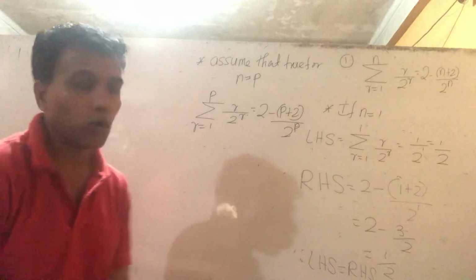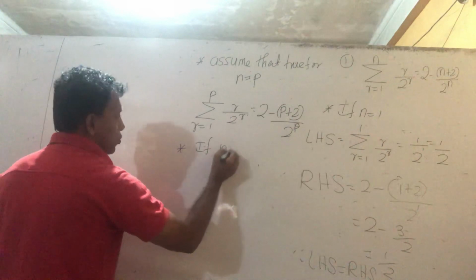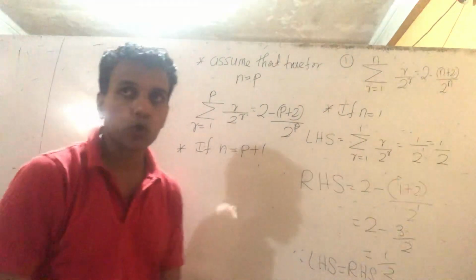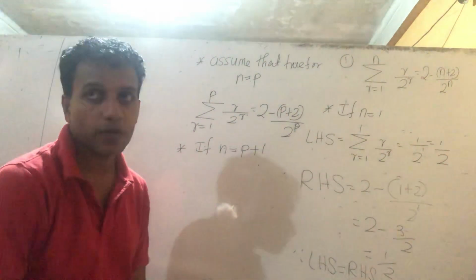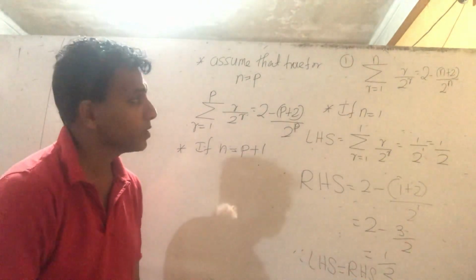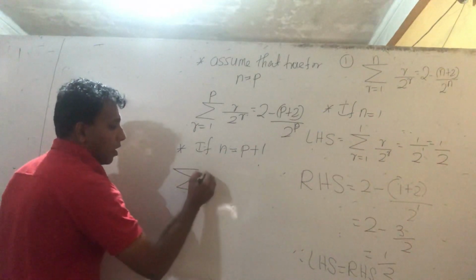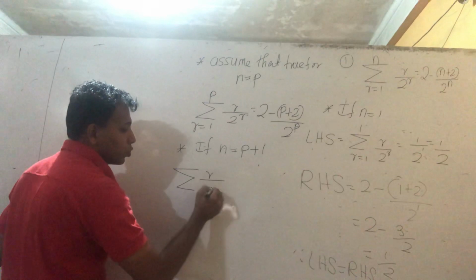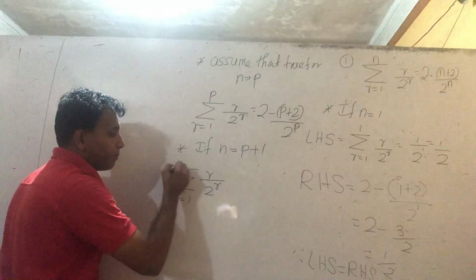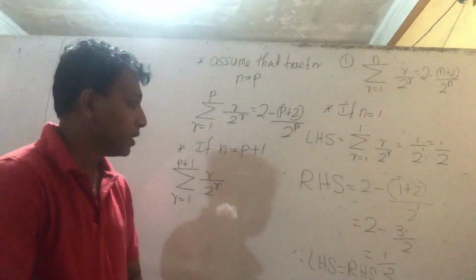Next, the last part, important. If n equal p plus 1, show the given statement is true for n equal p plus 1. Then it is true for every positive integer n. So therefore, sigma r over 2 to the power r, for r from 1 to p plus 1, adds up to p plus 1 terms.